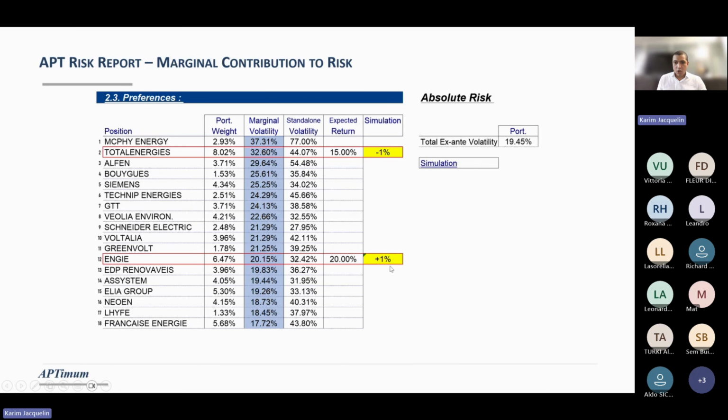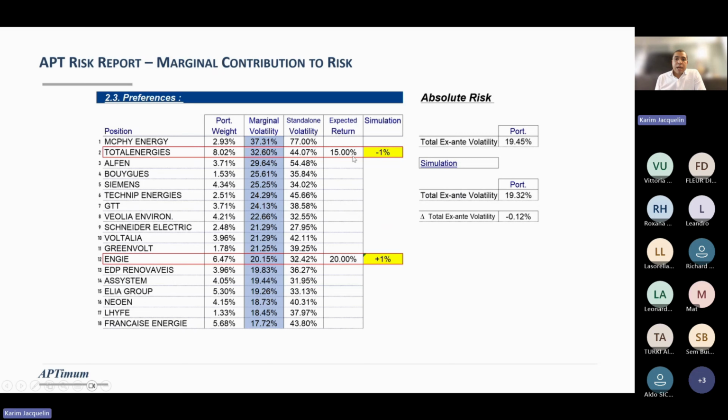So if I increase the weight of Engie by 1% and I reduce the weight of Total Energy by 1%, the impact on my portfolio volatility would be negative. I reduce my portfolio volatility by the differential of the two marginal volatilities. So I reduce my portfolio volatility by 12 basis points. So it's now 19.3%.